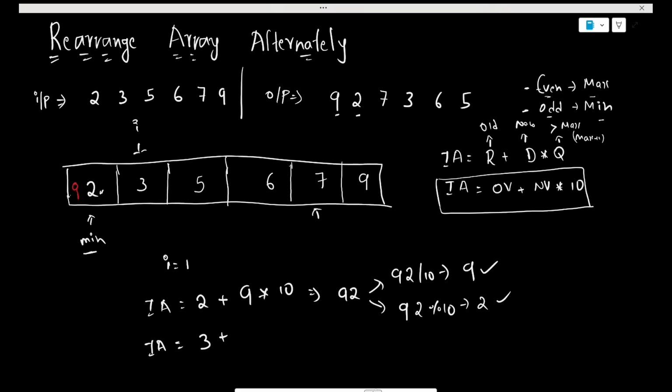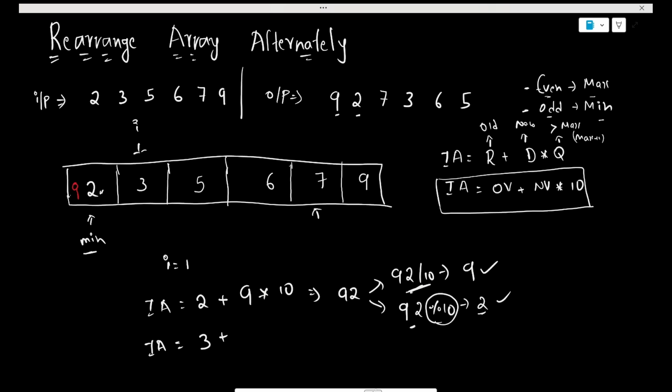So how to get the 2 from 92? We have seen how to get 2 from 92 by doing percentile. To get the answer, we need to divide it by 10, and to get the original value in that block, we need to do percentile with 10, right? So we are performing that first.